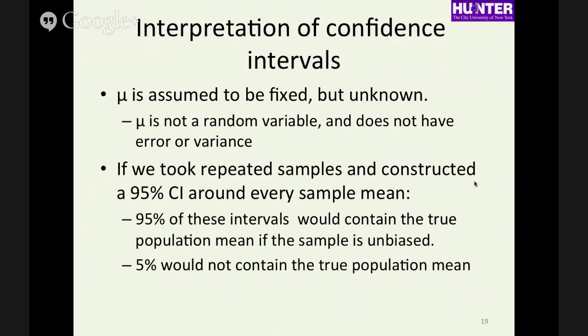And again, if we took repeated samples and constructed a 95% confidence interval around each one of those sample means, then 95% of those intervals would contain that true population mean, and 5% would not. They would be an erroneous confidence interval.